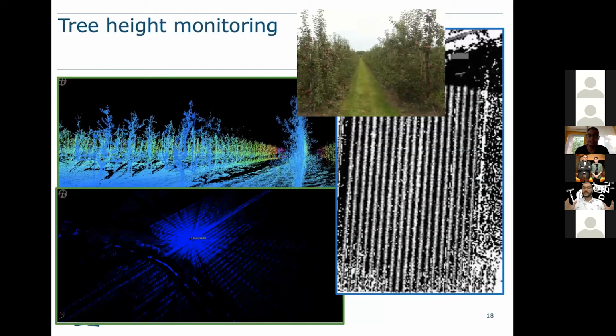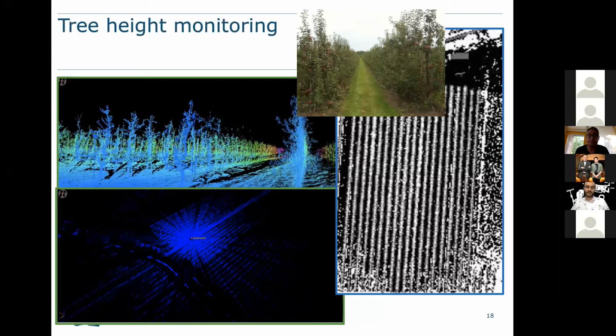Another nice application is again in orchards. In this case, in pear orchards, we jump from the apples to the pears. The farmers also need to have a good balance between the tree volume and height, so it's important for them to prune the trees from time to time to get this balance.